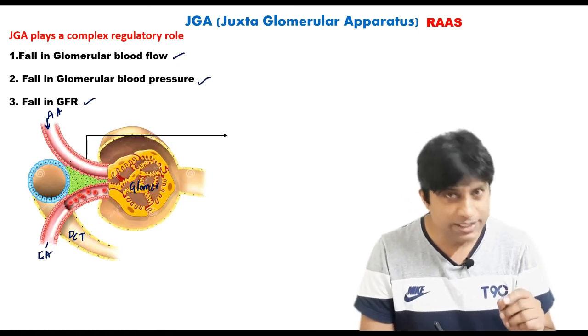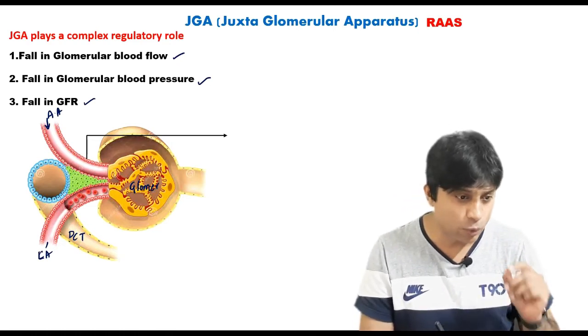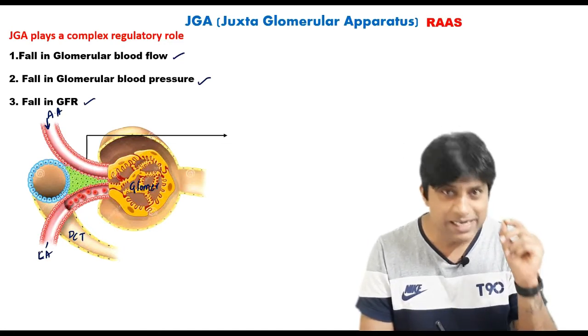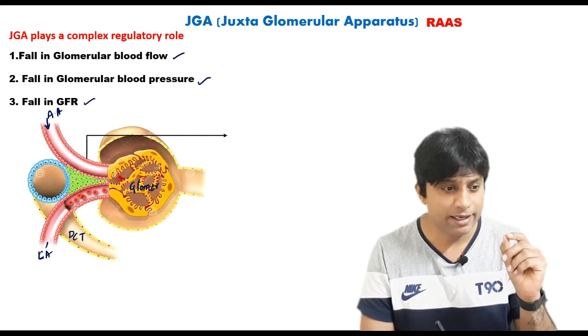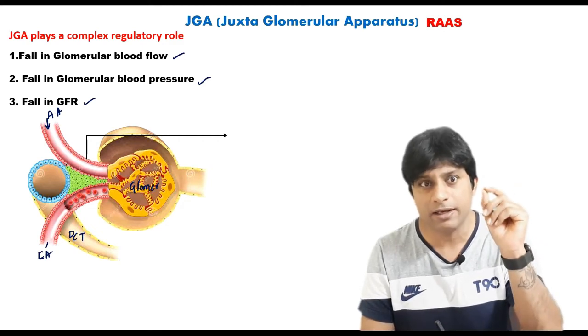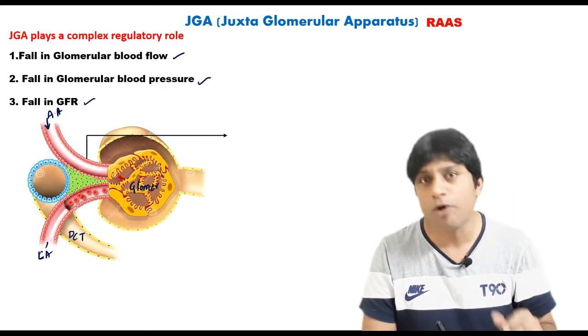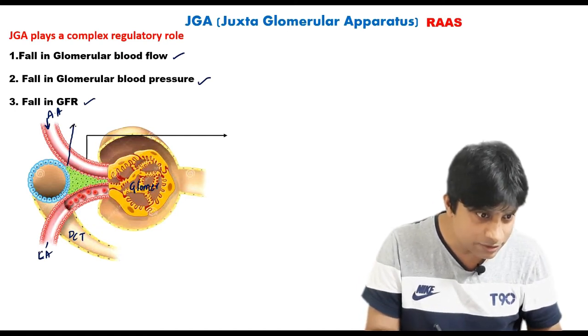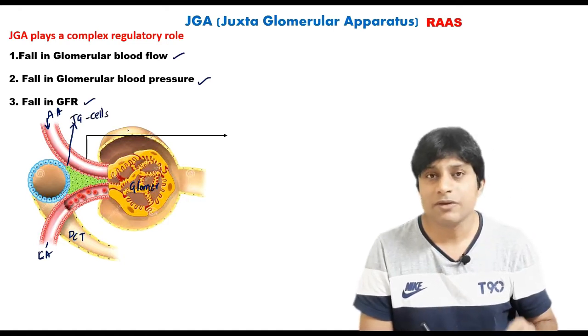The efferent arterioles are located very close to the distal convoluted tubule. The endothelial cells present in the capillaries of the efferent arteriole are specially modified, and these specially modified cells are known as juxtaglomerular cells.